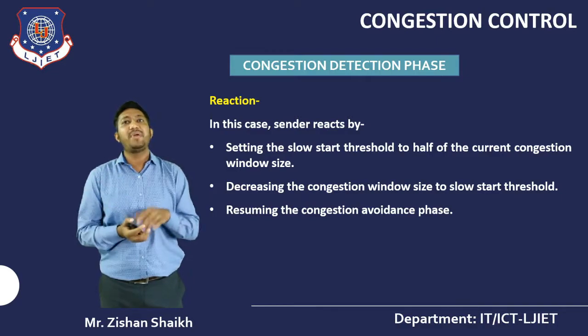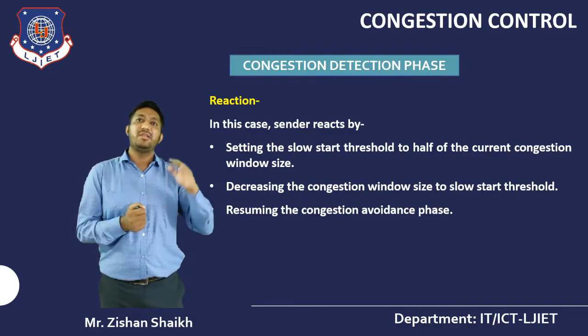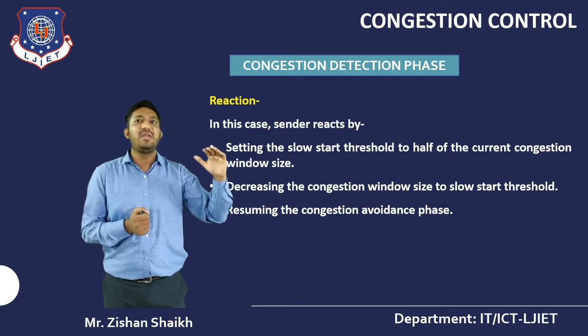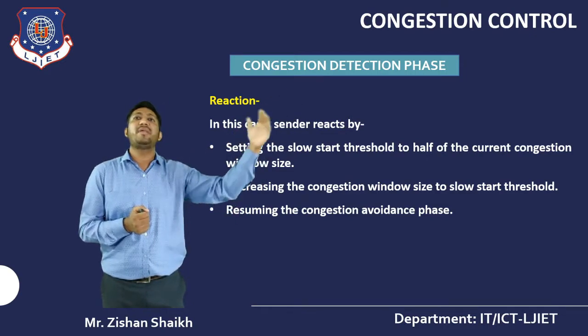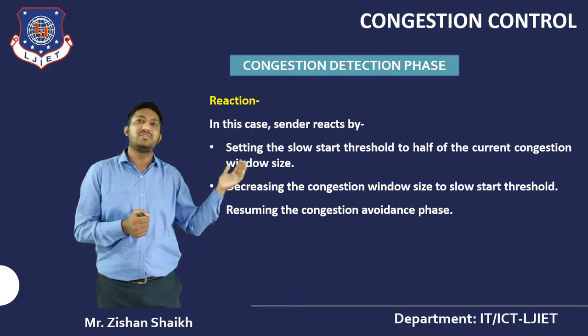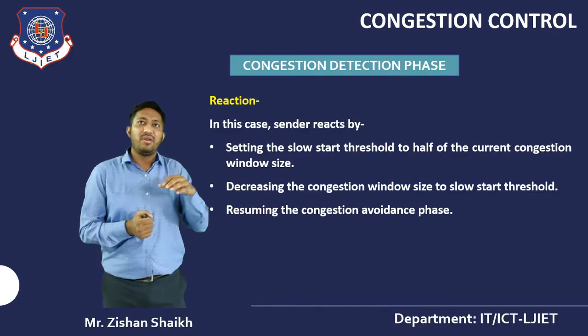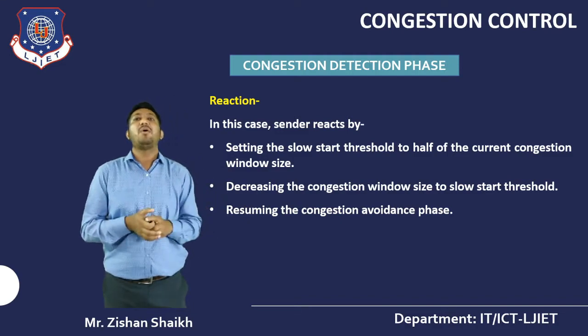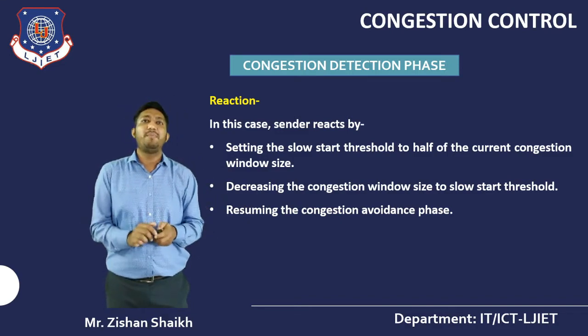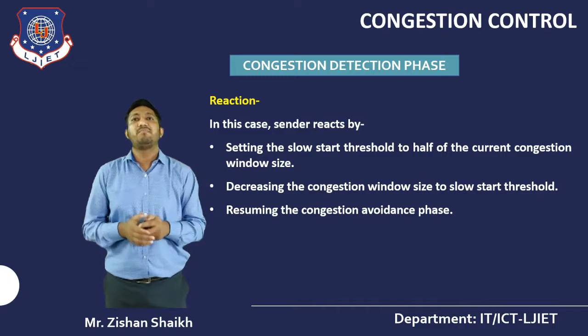In avoidance, what are we performing? We grow linearly. So according to this weaker congestion, the detection methodologies are taken from the avoidance phase. So this is all about how congestion control is performed.